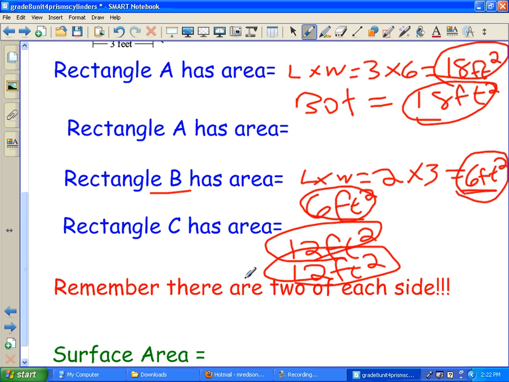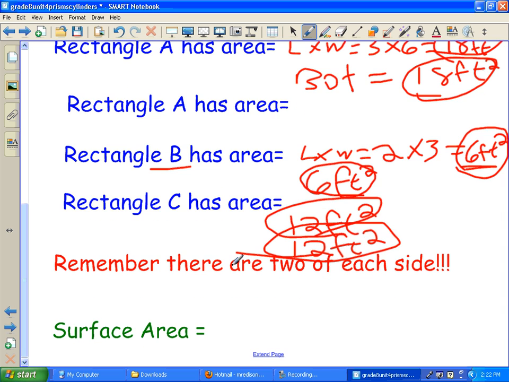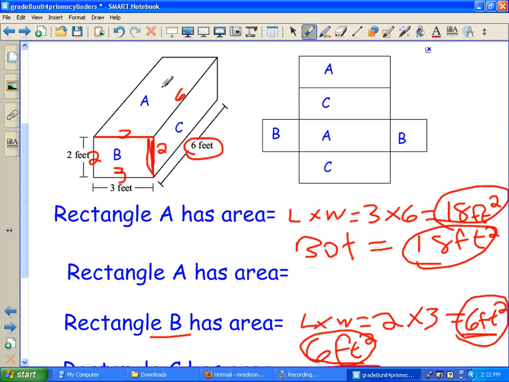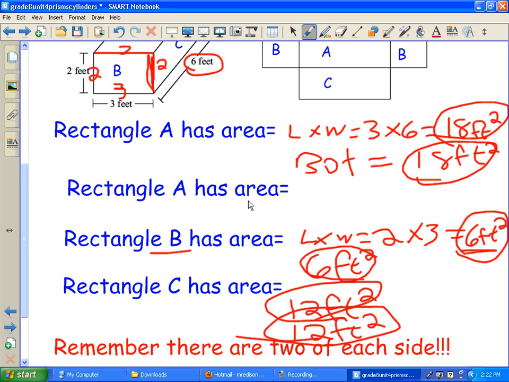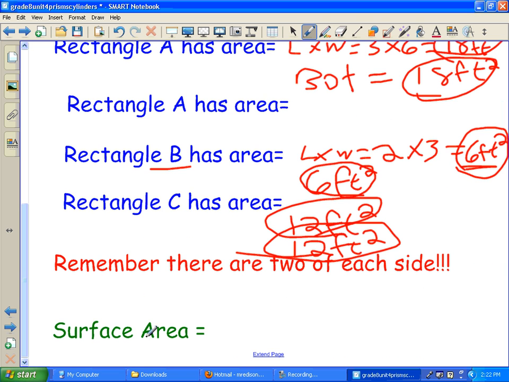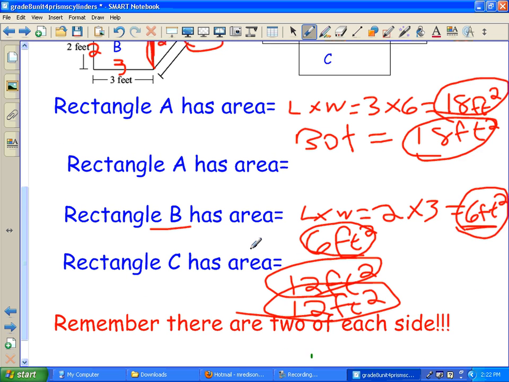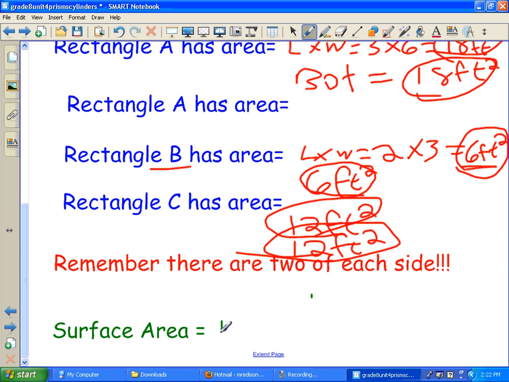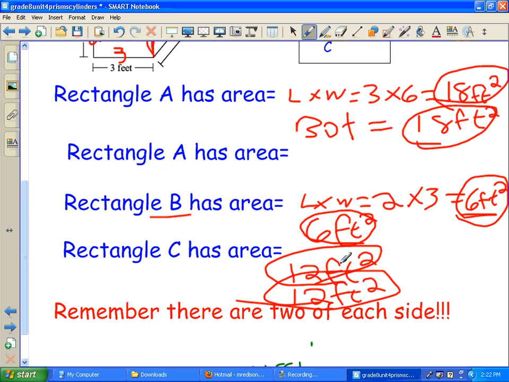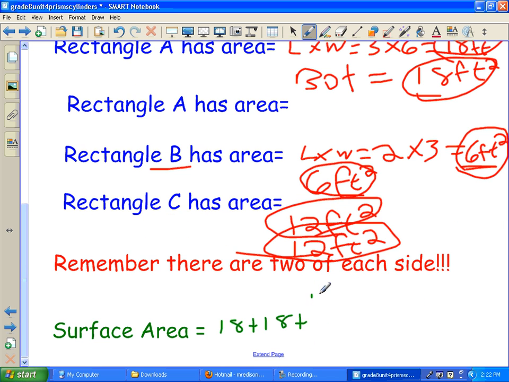So now that we've calculated the area of every single side, all we got to do now is put it back together for surface area. So let's add them all up. That's 18 plus 18 plus 6 plus 6, and then 12 plus 12.